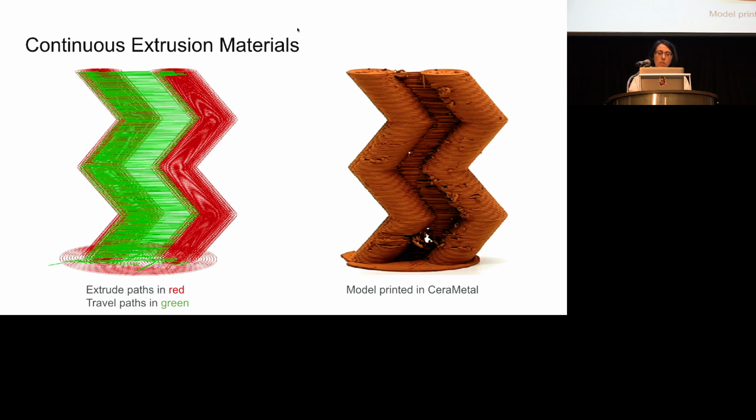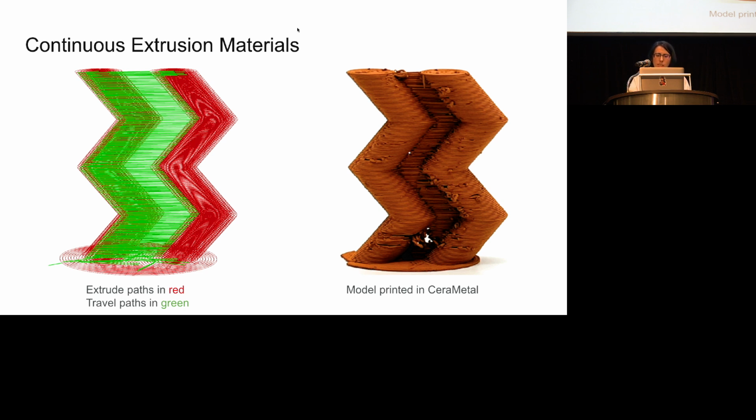Direct write 3D printers that extrude paste-like materials, such as clay, cannot always stop extrusion either due to the printer itself or the properties of the material. We developed a novel bronze paste in our lab called Cerametal that can be printed on a direct write 3D printer and then fired in a kiln.